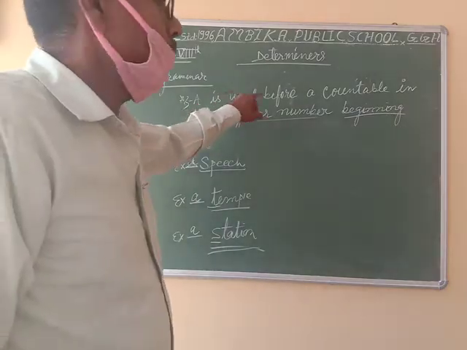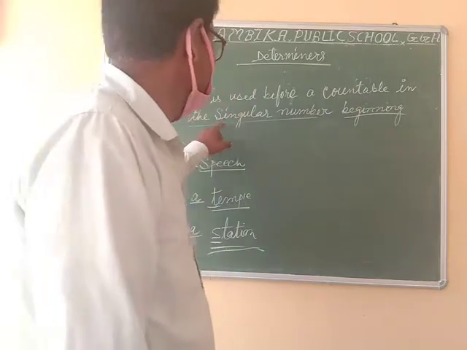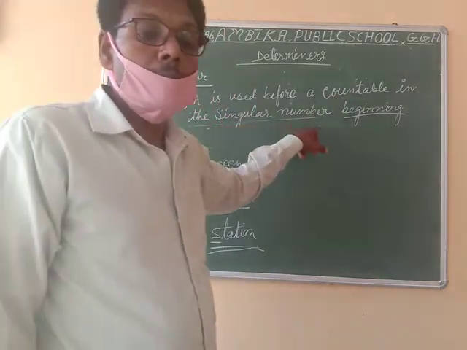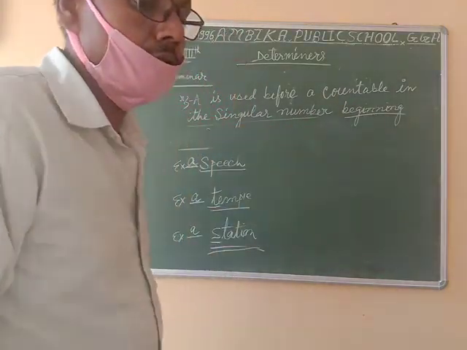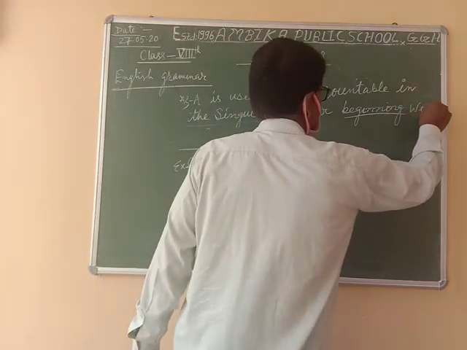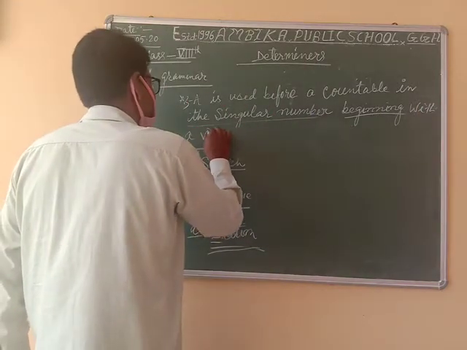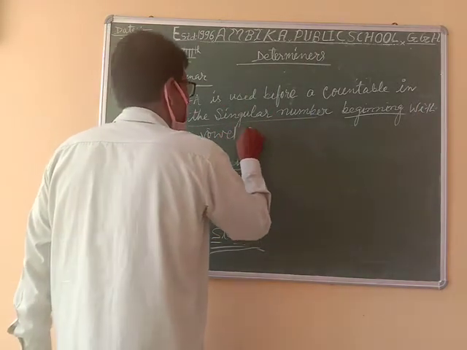AN is used before a countable in the singular number beginning with a vowel sound. Beginning with a vowel sound.